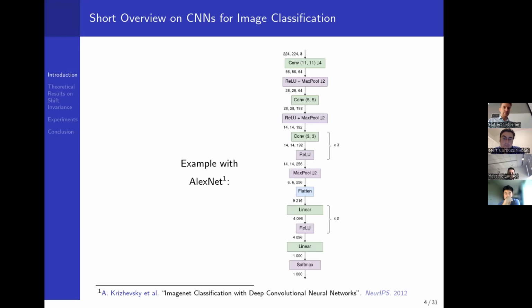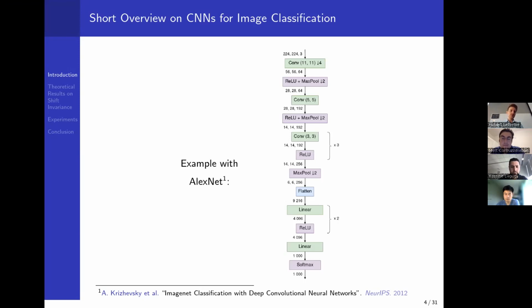The output is a vector which can be interpreted as a probability distribution over all the possible labels of our task. In this example, the green layers are linear operators with trainable parameters, and the purple ones are fixed nonlinear operators.